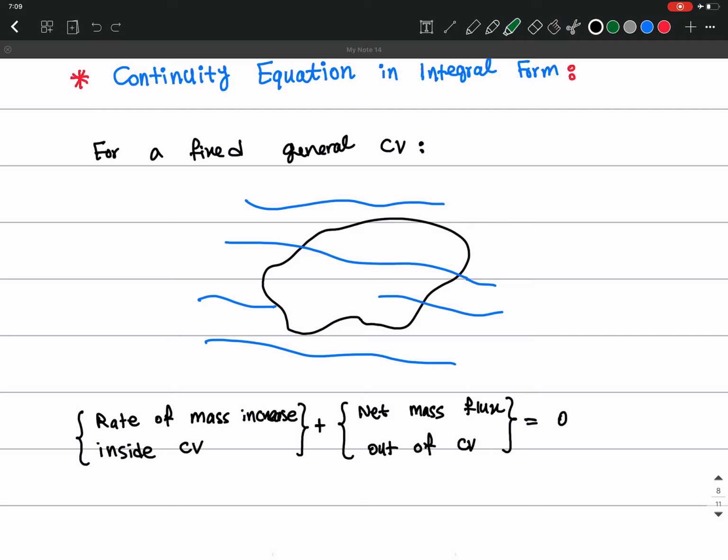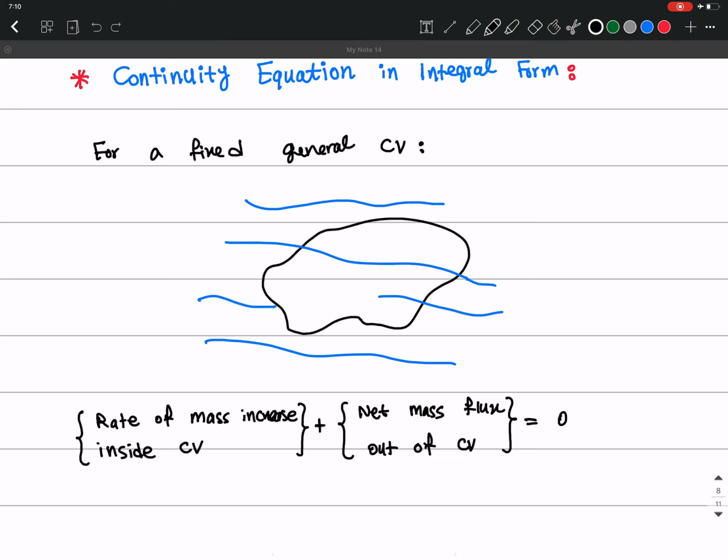Okay. So for example, if the mass is increasing inside the CV, that means that the mass flux should be coming into the CV based on this equation. So there should be a balance between the mass that goes out and the rate of mass increase inside the CV. Okay, so this is the continuity equation.